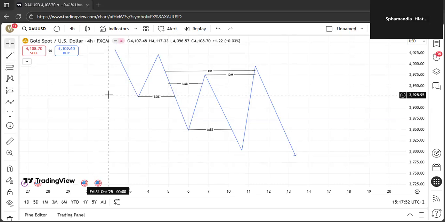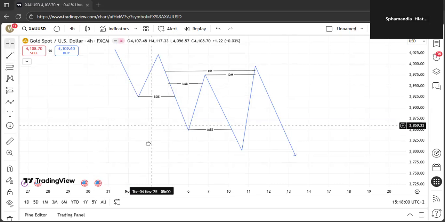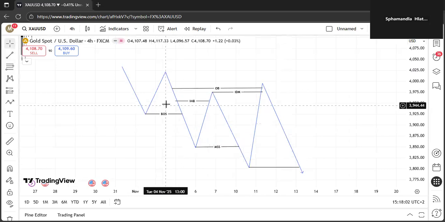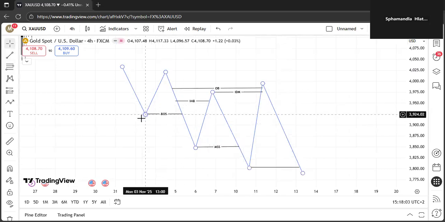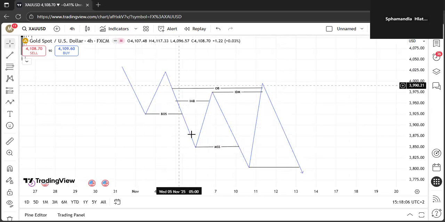So I'm sure you're familiar with this structure. I sent it on the group yesterday. I think you're familiar with this structure where, let's say it's a continuation, just like I demonstrated below.